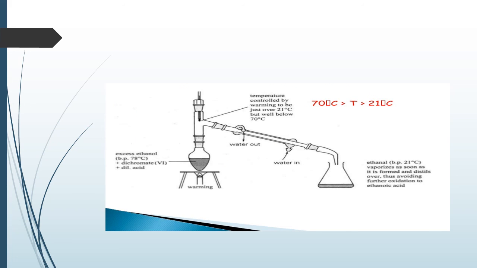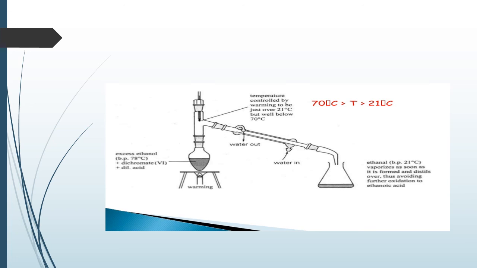Look at this. This is the apparatus used for the preparation of acetaldehyde. What type of chemicals are used? A primary alcohol. In the case of methyl alcohol we used one, and here ethyl alcohol is used for the preparation of acetaldehyde, undergoing oxidation with a silver catalyst.